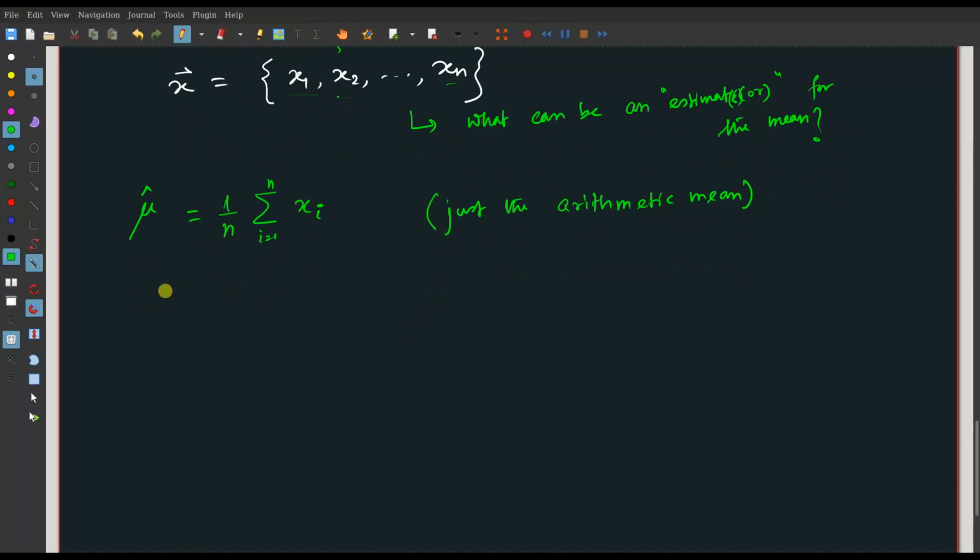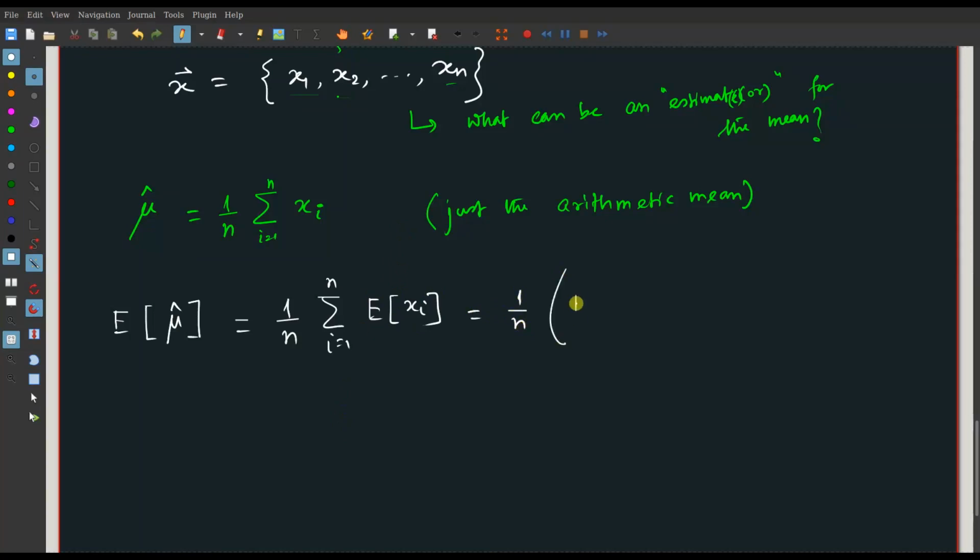So remember, if I take the expectation value of mu hat, then this is 1 by n summation over i equals 1 to n of the expectation value of xi, right? So I can try to break it down for your visual convenience. So this is expectation value of x1 plus expectation value of x2 plus dot dot dot plus expectation value of xn. All right.